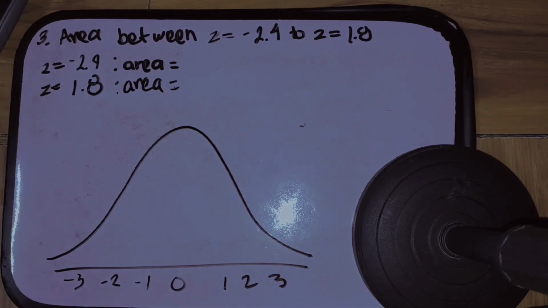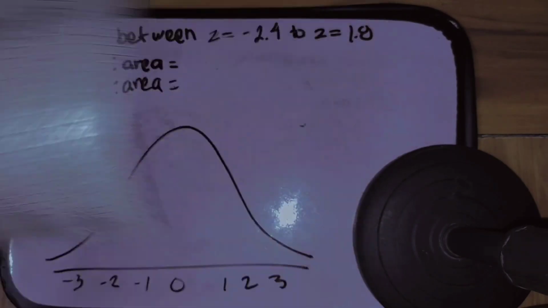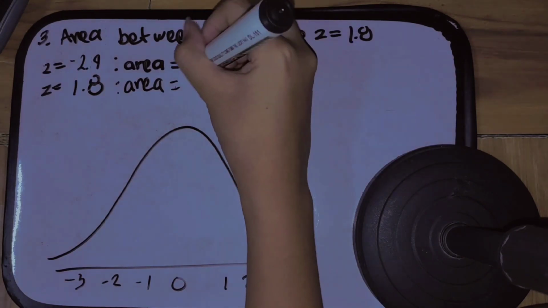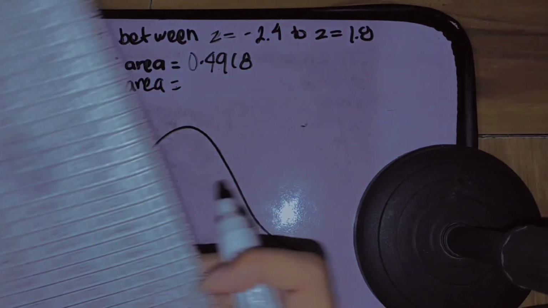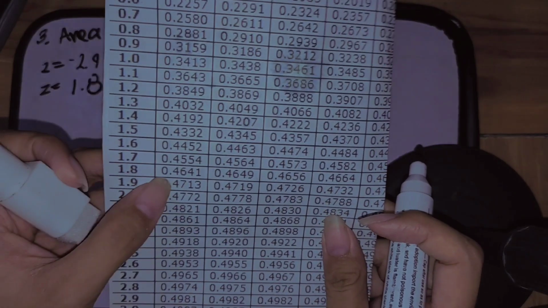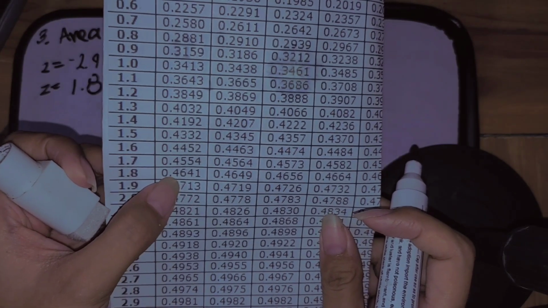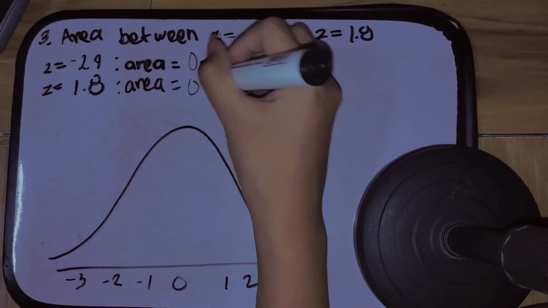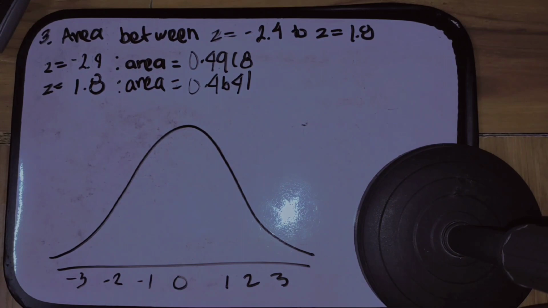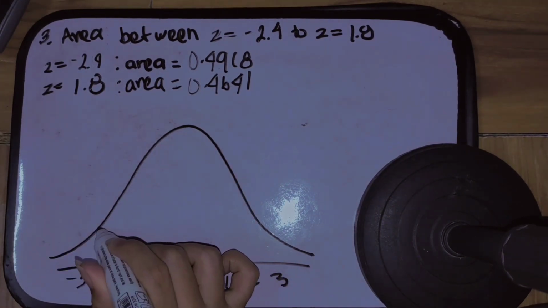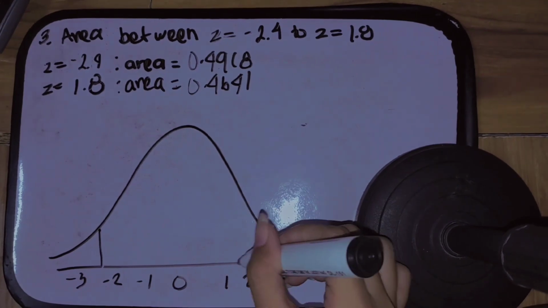And for our number 3, area between z-score equals negative 2.4 to z-score equals 1.8. So, gamitin ulit natin ang z-table. Negative 2.4, 0.4918. And 1.8, 0.4641. So, alamin natin kung anong shaded part. Negative 2.4 dito and positive 1.8.